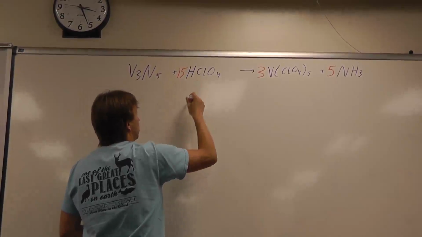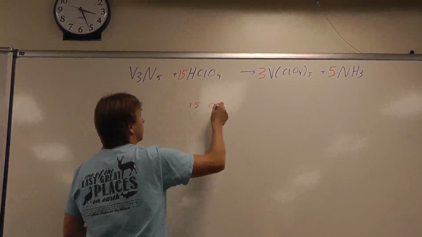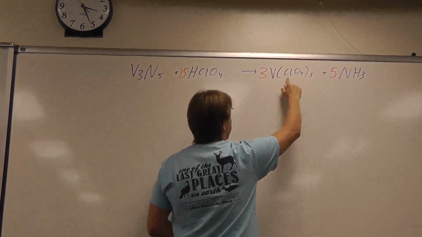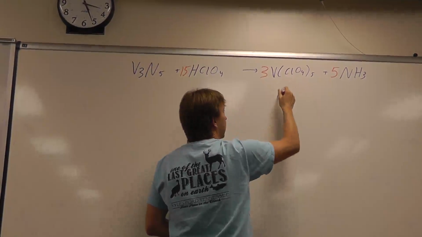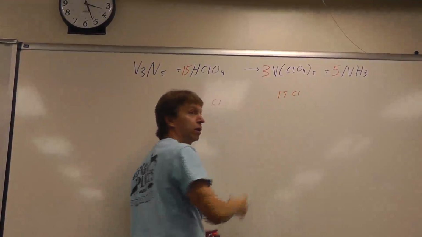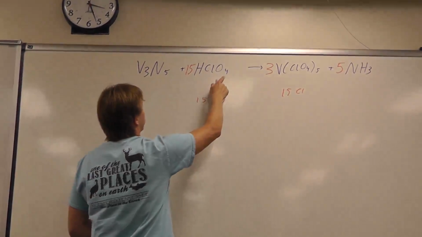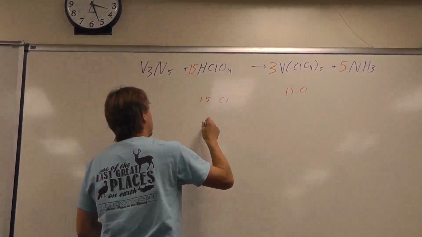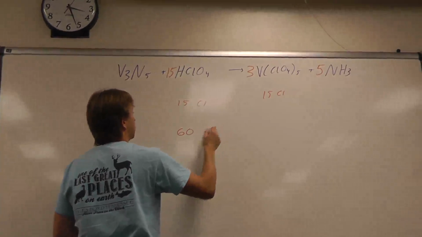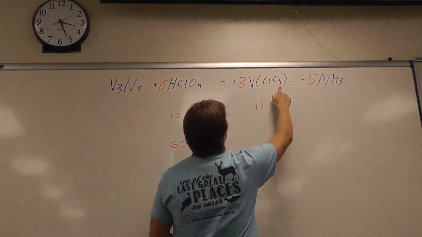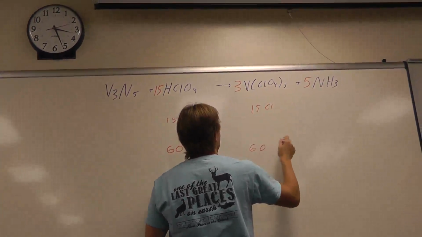We've got 15 chlorines here. And we've got 3 of these, and each one has 5 chlorines, right? So that's 15 chlorines. So chlorine's already okay. And then oxygen, 4 times 15, that's 60 oxygens. And this is 5 times 4 is 20 times 3, 60 oxygens.